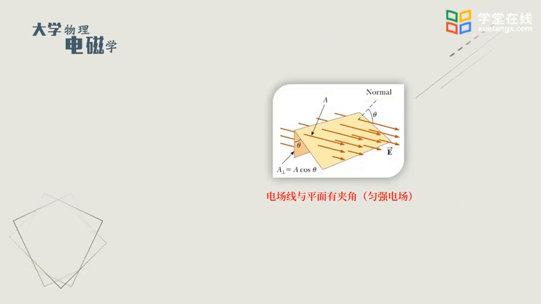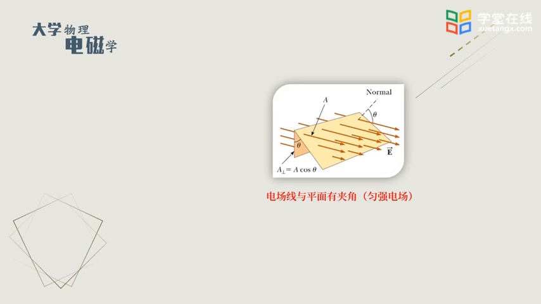Please look at this figure. If the surface is not perpendicular to the field, how to define the electric flux? Let's consider the uniform electric field firstly. We can see the normal to the surface of the area A is at an angle theta to the field.